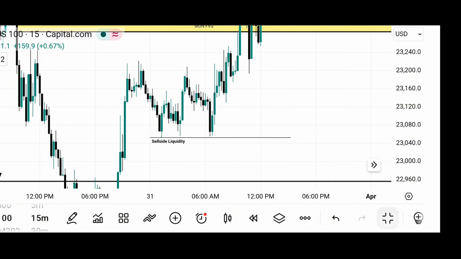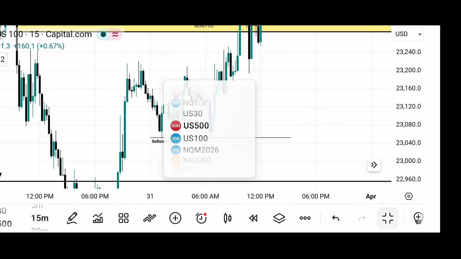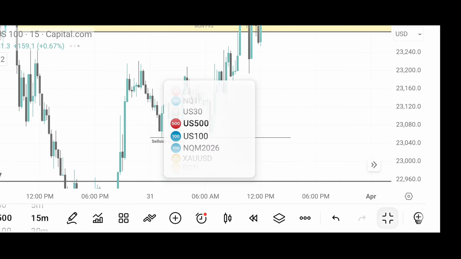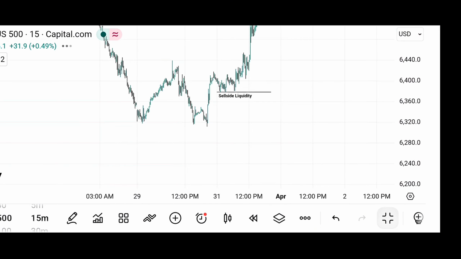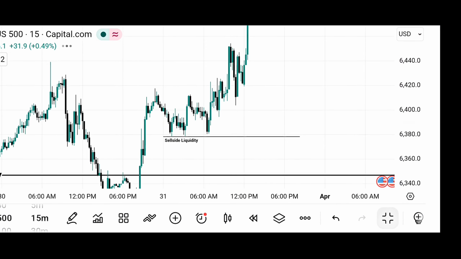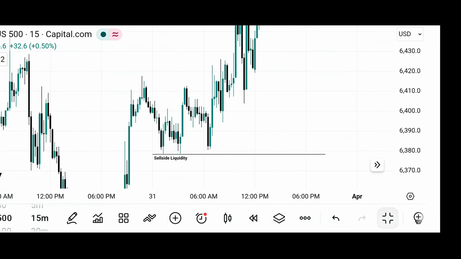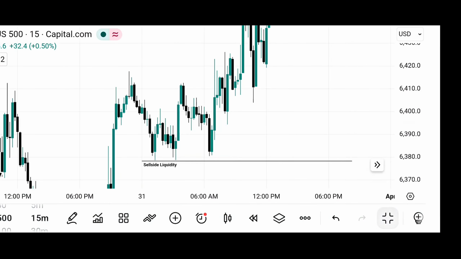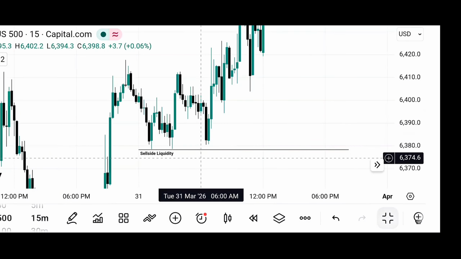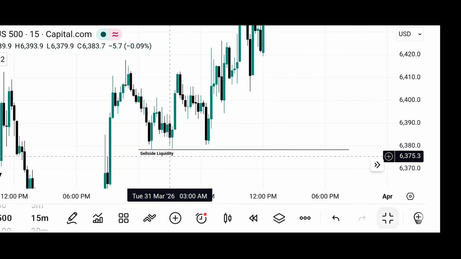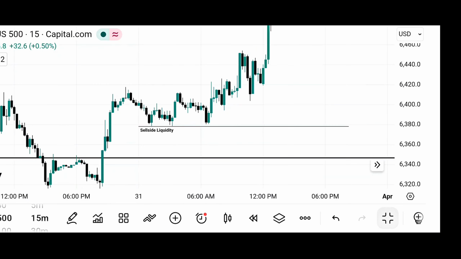Okay, so this US100, which is the CFD for Nasdaq, and this is the CFD for S&P US 500. And you see, the same thing that has happened on the Nasdaq has also happened on the S&P. Price didn't take out this sell side liquidity before this rally up.